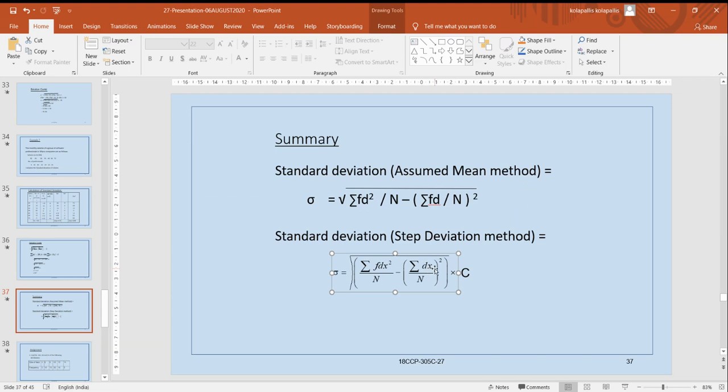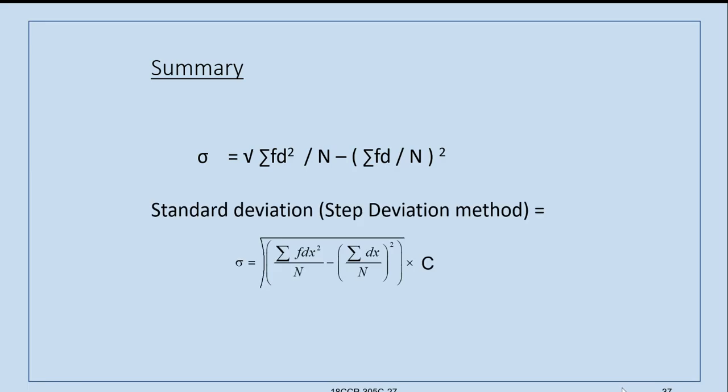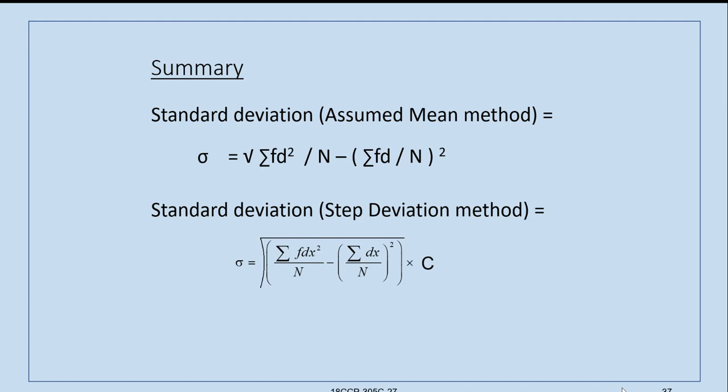This is fdx, please note down. Some mistakes are there in this lesson. Please bear with me. I have already corrected as far as possible. In this slide here, instead of dx, we will take fdx.